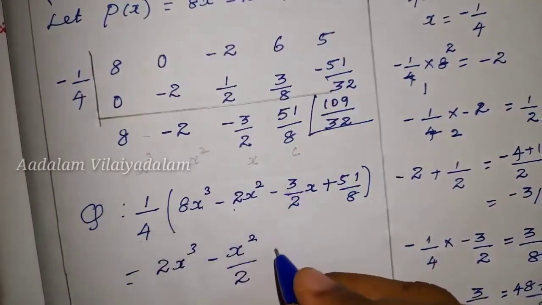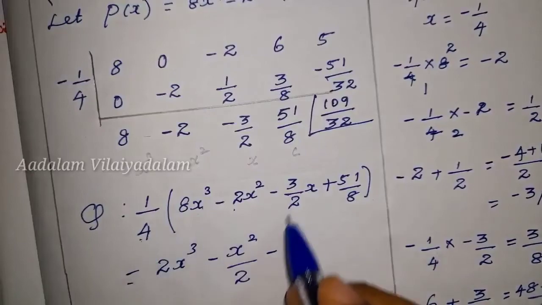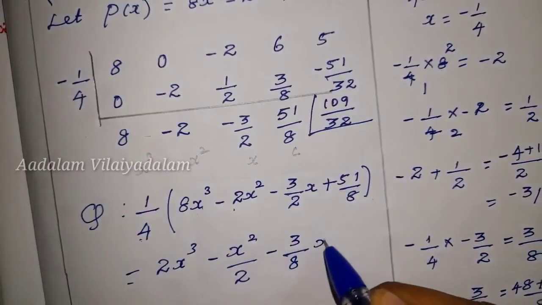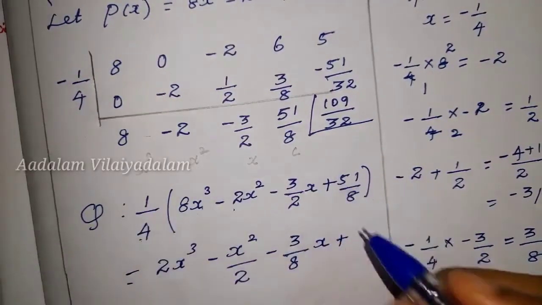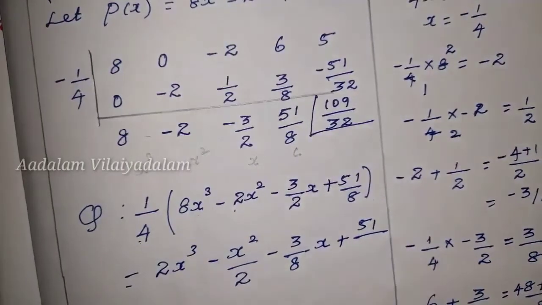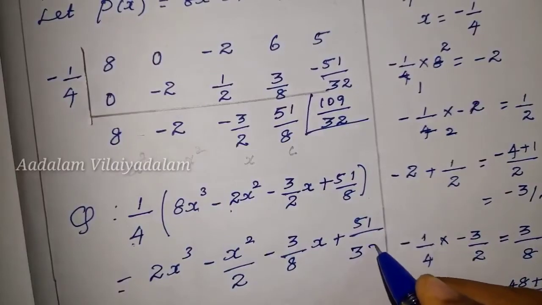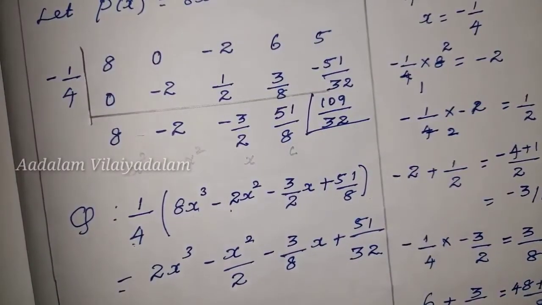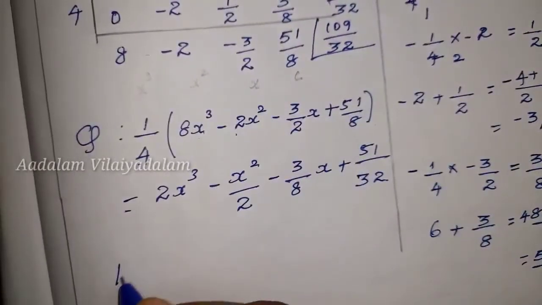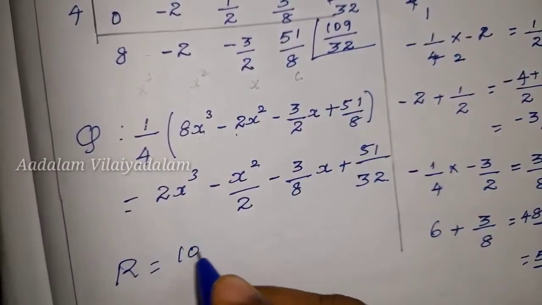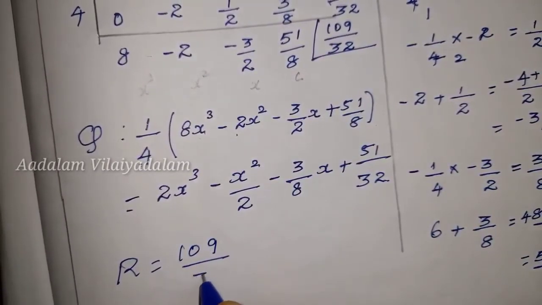So minus 3 1s are 3, 4 2s are 8, x. The last term, 51 1s are 51 divided by, 8 4s are 32. So the remainder value is 109 divided by 32.